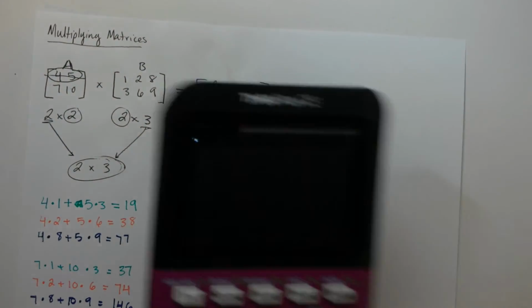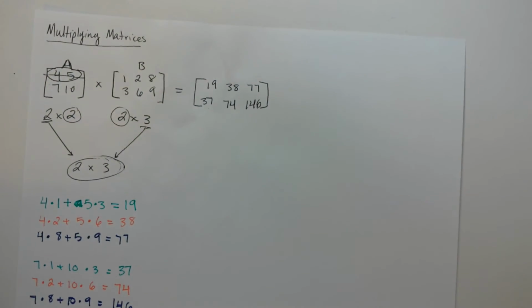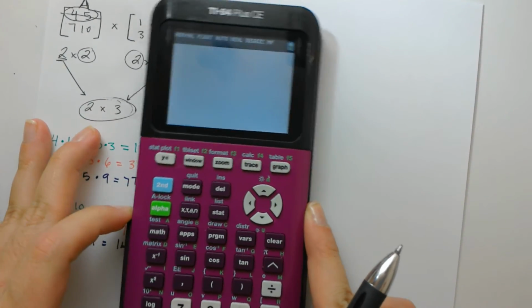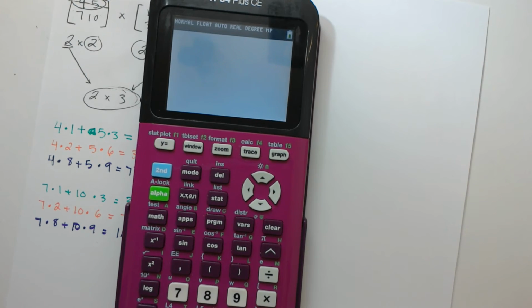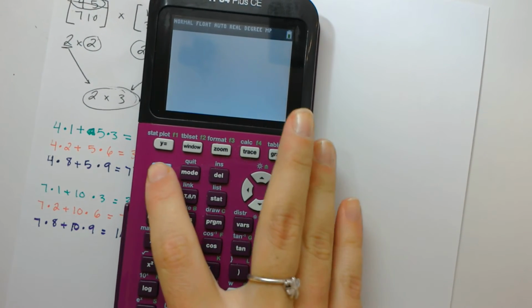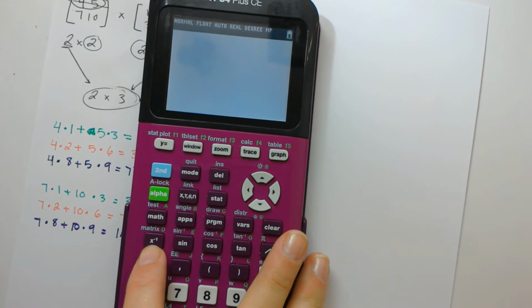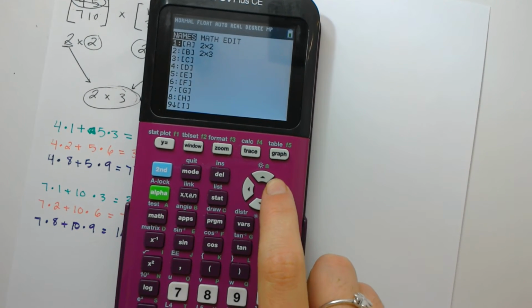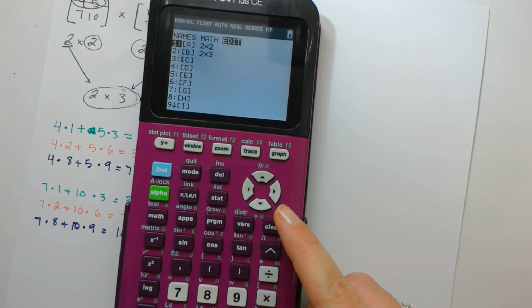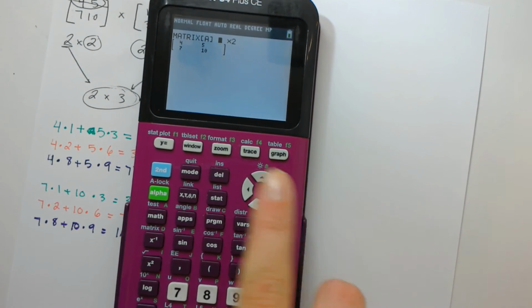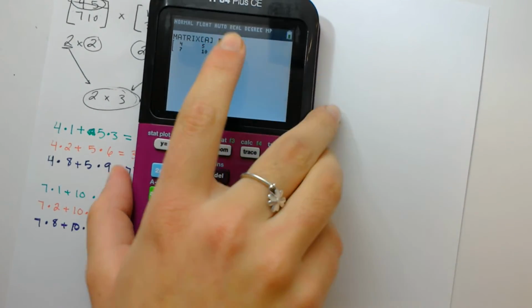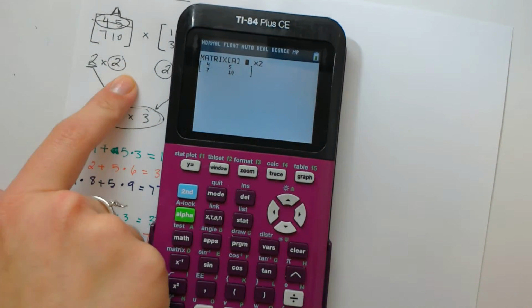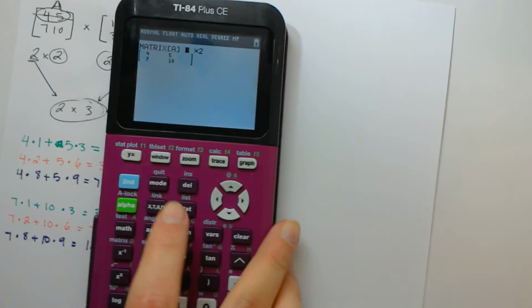Now I'm going to show you how to do it in the calculator. So you have your calculator, and your first step is you're going to hit second and then x inverse, and then you're going to scoot all the way over to edit, enter. Your matrix A, which was 4, 5, 7, 10, you're going to insert here.